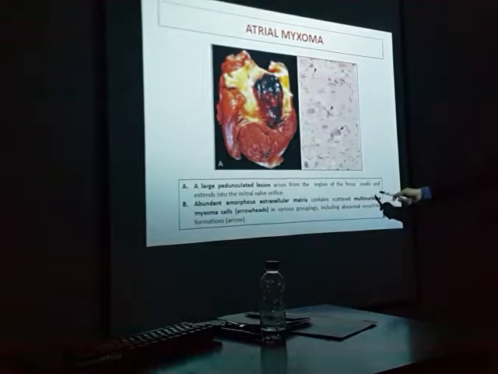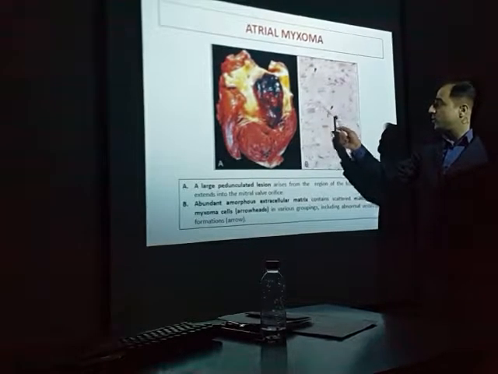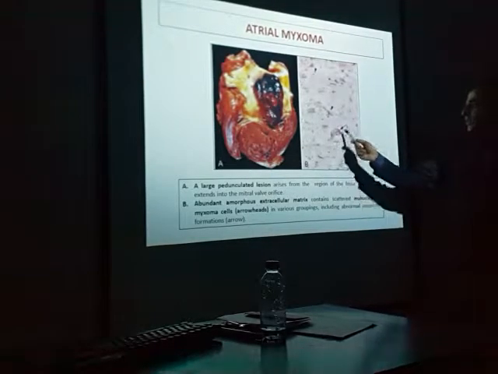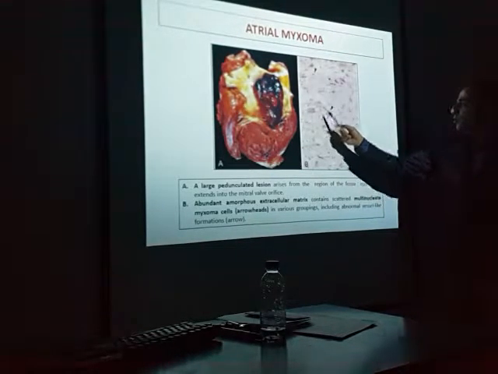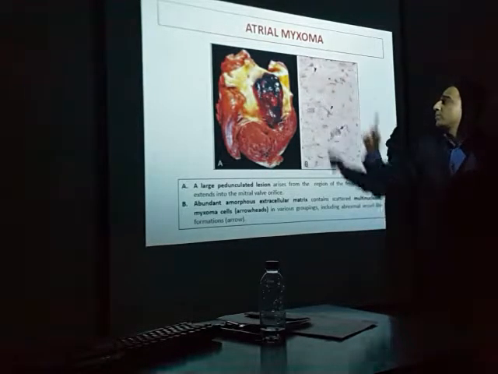The arrowheads show the multinucleated cells. This is a vessel-like formation, arrow. This is also vessel-like. This is a multinucleated cell. This one also, here also.